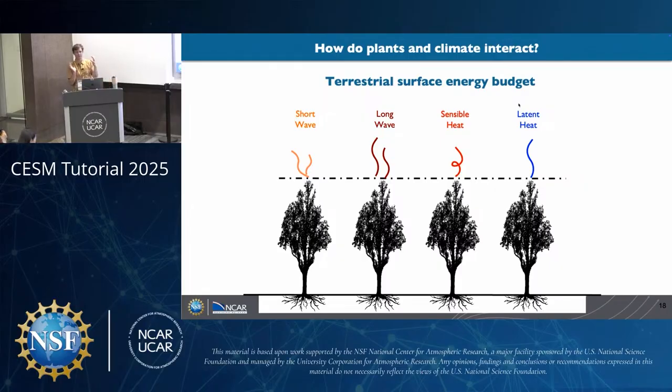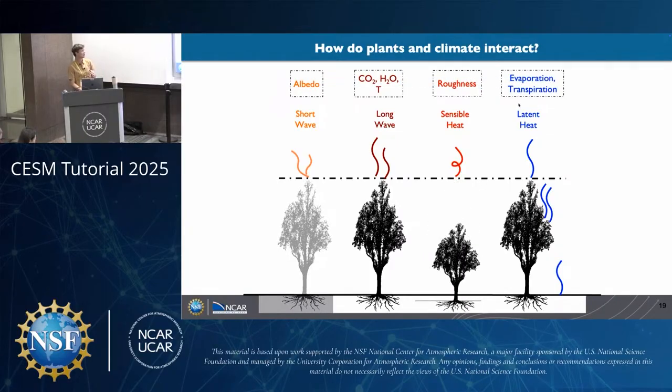So these are the core pieces of balancing the terrestrial surface energy budget. If you make the canopy lighter, it'll affect albedo and shortwave radiation. If you make the canopy shorter, it affects roughness length and then your sensible heat fluxes. And if you change how conductive that canopy is, if you make it evaporate more or less water, that affects evapotranspiration and your latent heat fluxes.